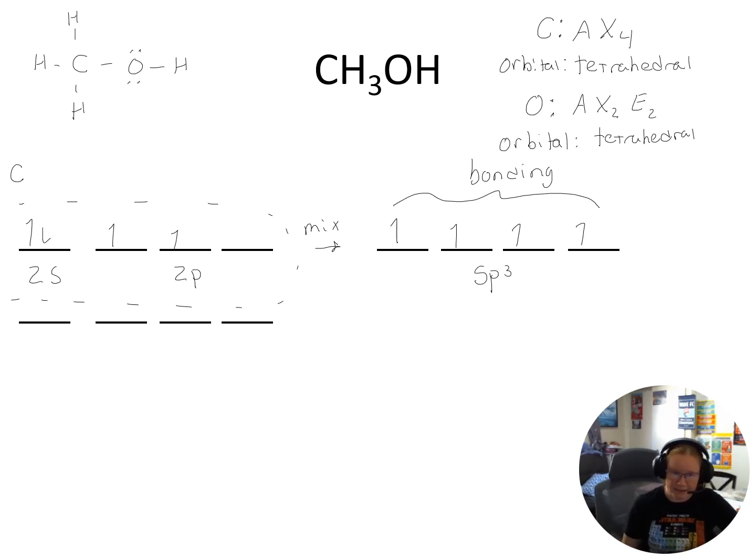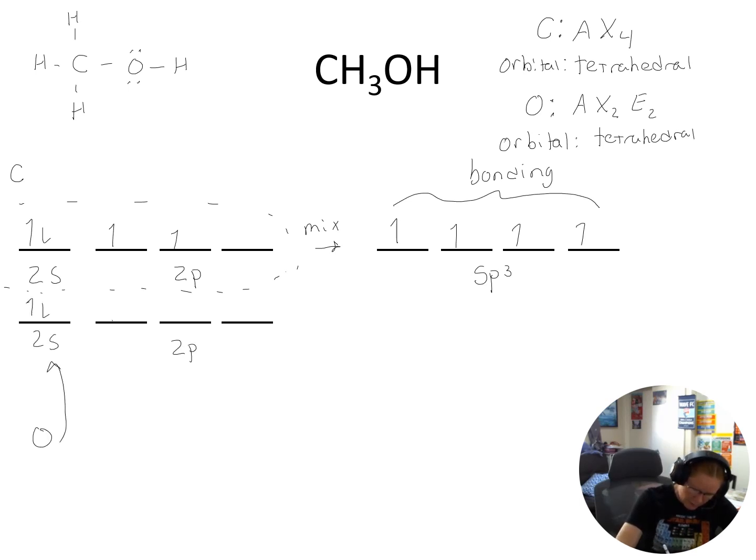Now let's look at the perspective of the oxygen. I gotta give myself a little more room here. All right, so my oxygen. I got my 2s and my 2p, my 1, 2, 3, 4, 5, 6 valence electrons. I still need 4 places to put things, so we're going to take all 4 of these again.